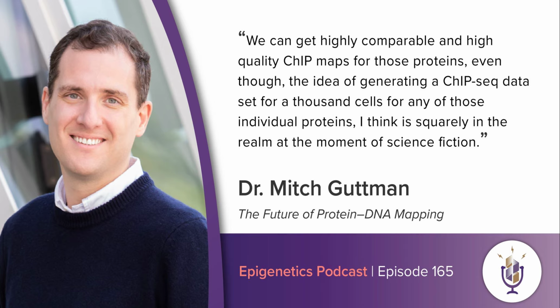You can increase the sensitivity in detecting individual sequences and individual proteins. And so in practice, we've actually found that we can reduce the total number of cells that go into a ChIP-dip experiment, and still generate high quality maps.